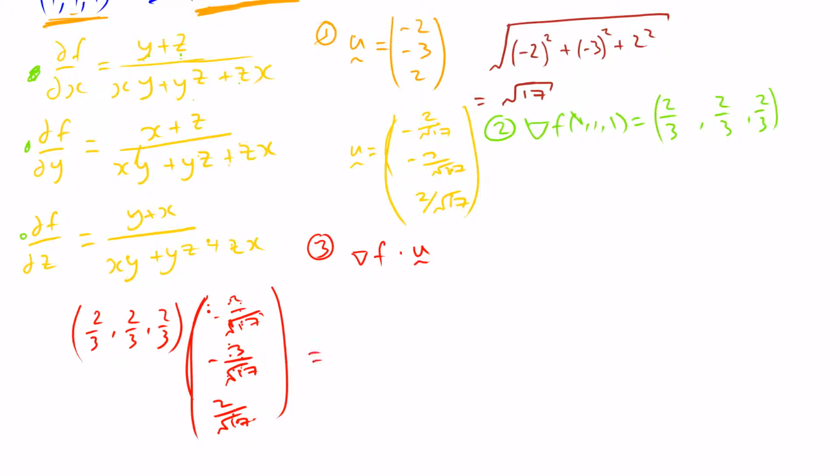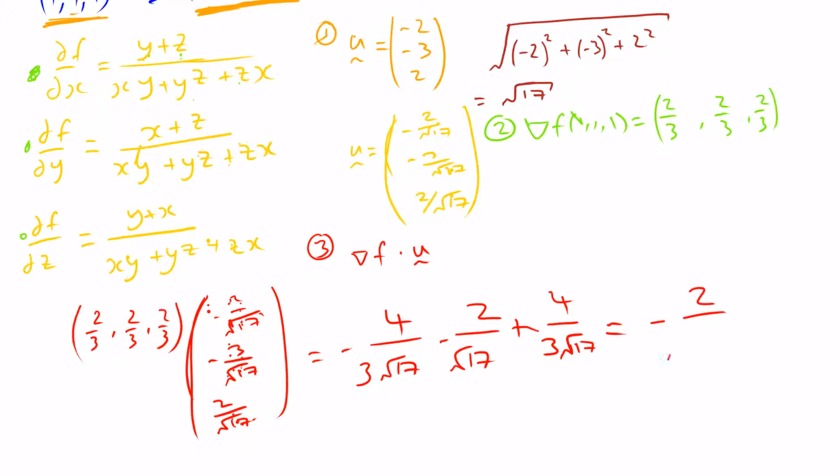This gives us -4 over 3 root 17 minus 2 over root 17 plus 4 over 3 root 17, and that equals -2 over root 17.